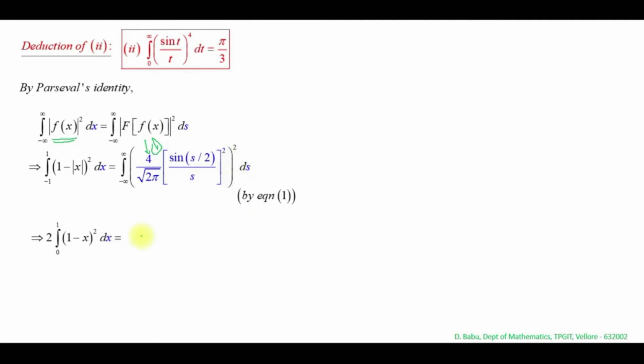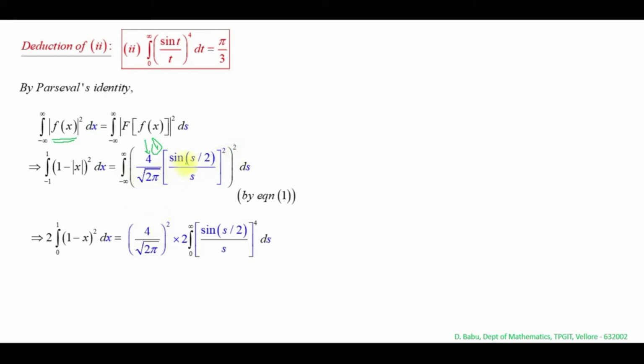So squaring is an even function, therefore we can write minus 1 to plus 1 as 2 times 0 to 1, 1 minus x whole square into dx. Here also squaring is an even function. Also 4 divided by square root of 2 pi the whole square is a constant term, therefore we take it outside.